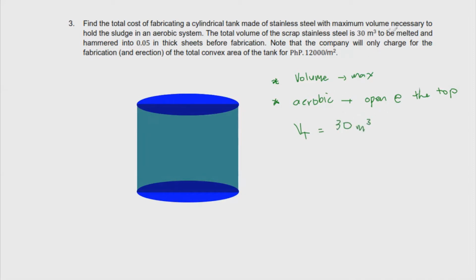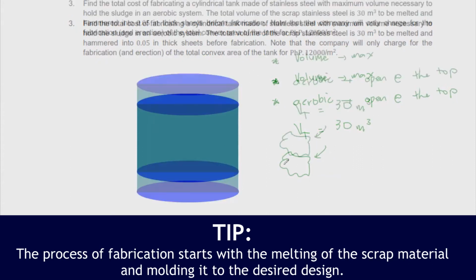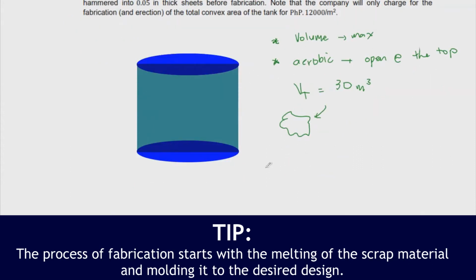This is to be melted and hammered into 0.05-inch thick sheets before fabrication. If you have stainless steel of a metal craft, the total volume is 30 cubic meters. If you hammer this into a 0.05-inch thick sheet, so for example, this is the sheet.